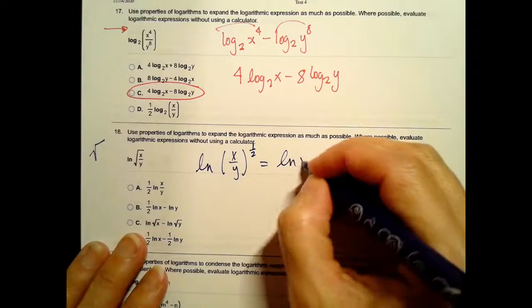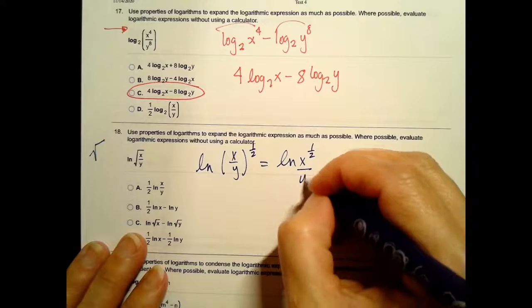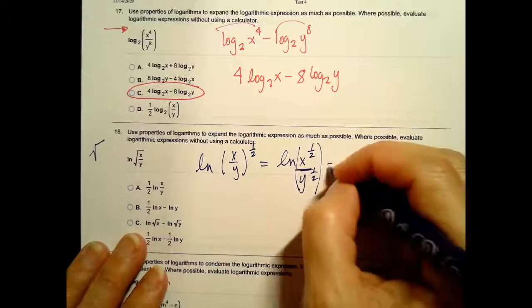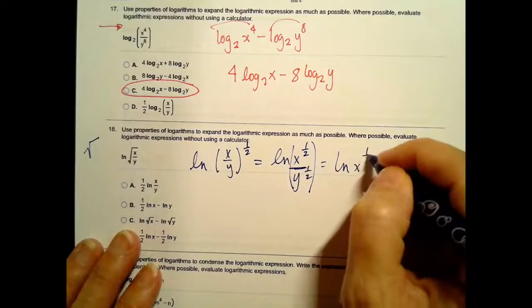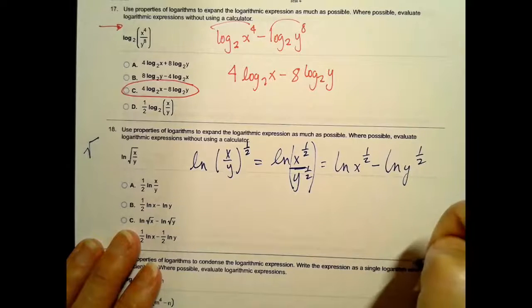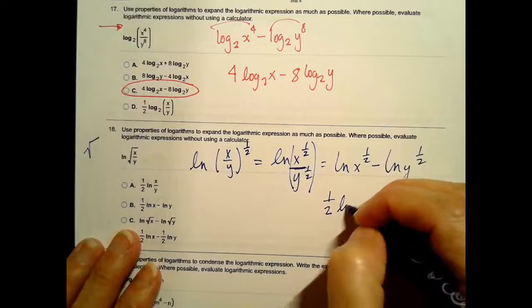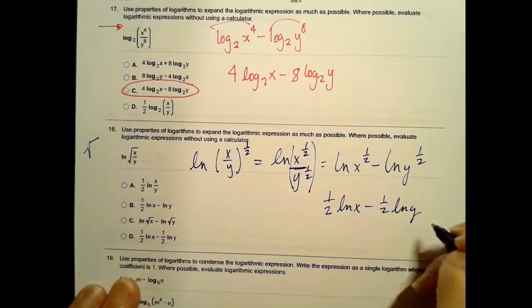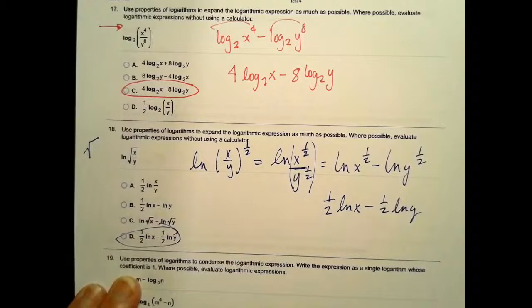So this is the natural log of x to the 1/2 over y to the 1/2. And then we're going to use the quotient rule right here. So the quotient rule says to subtract. So the natural log x to the 1/2 minus the natural log y to the 1/2. And then we're going to pull our powers out front. So 1/2 natural log x minus 1/2 natural log y. Okay, and that is answer choice D.